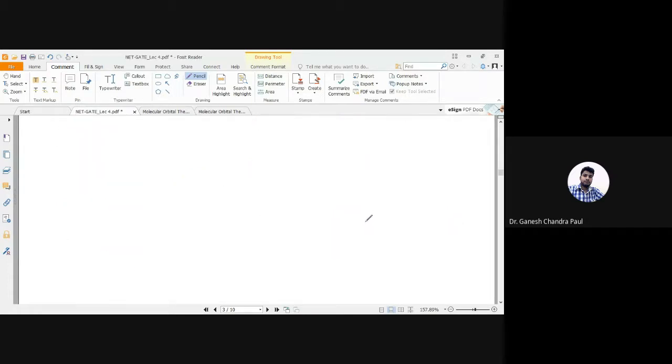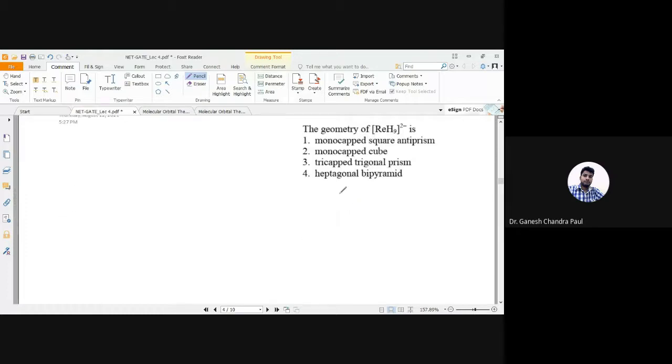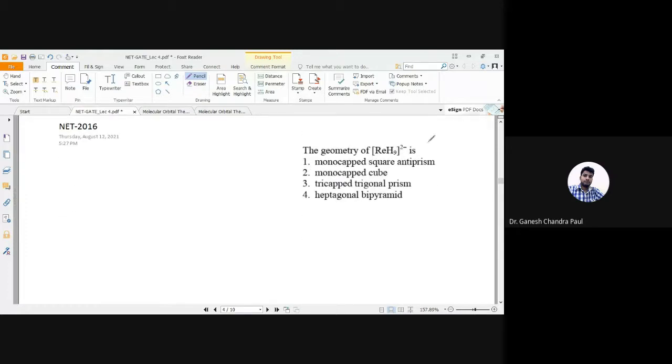Okay, coming back to the next question. That question is very important. The geometry of ReH9 2 minus. What is the geometry? Anybody?